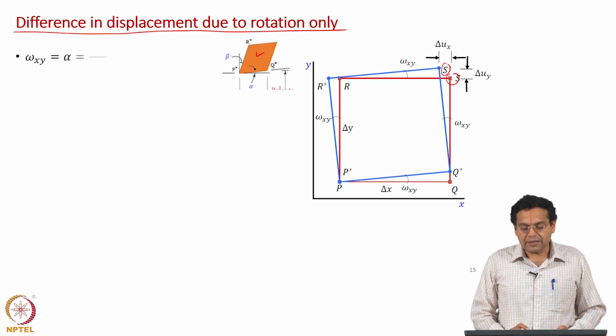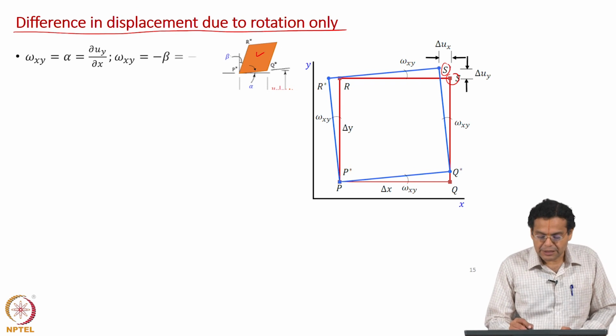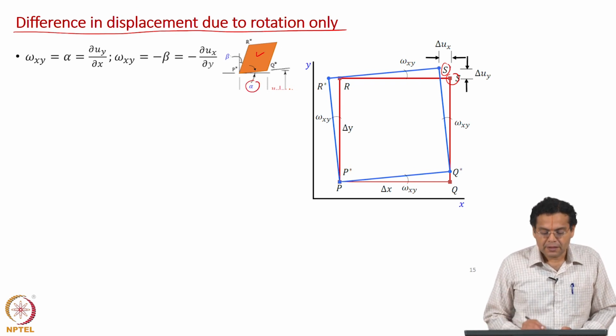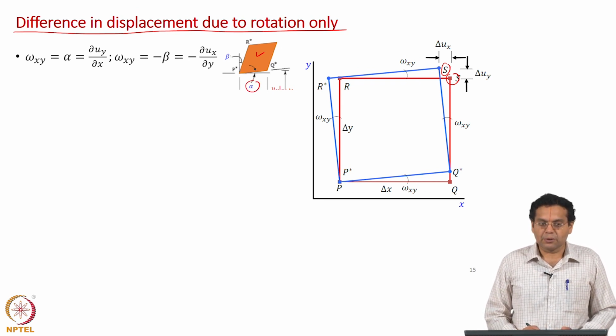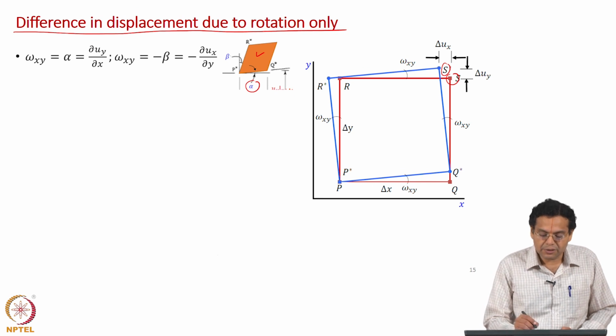Now, when we derived that omega xy is equal to alpha is equal to dou uy by dou x, and alpha was rotation in the anticlockwise direction.